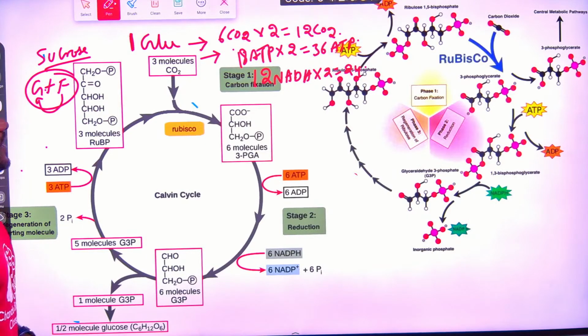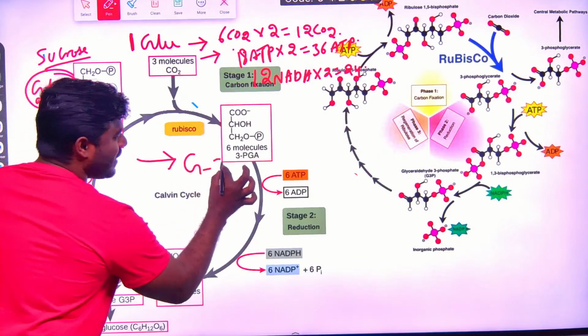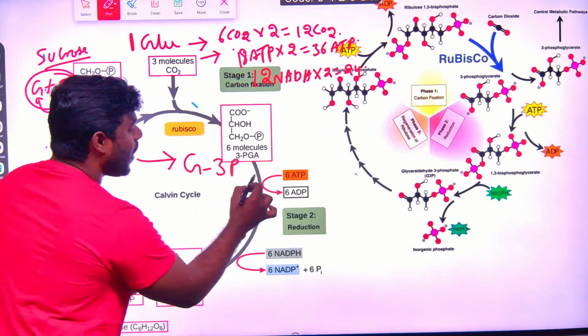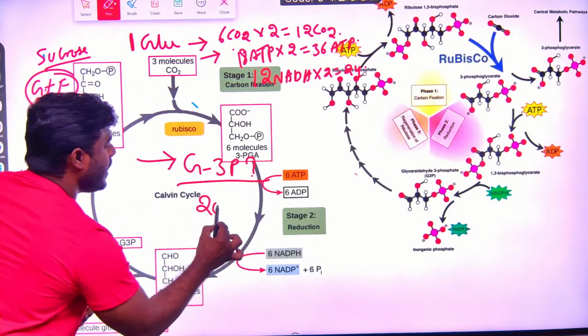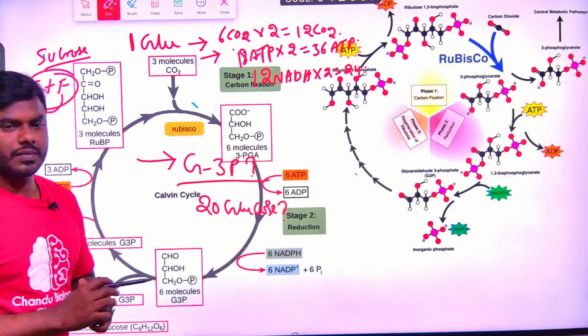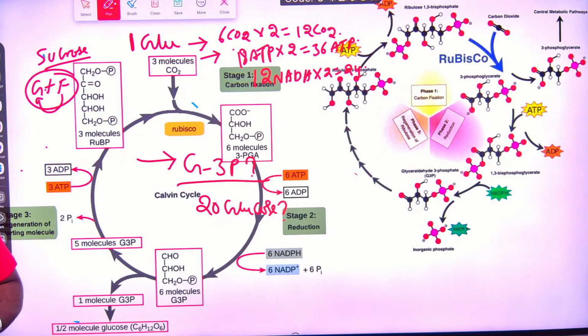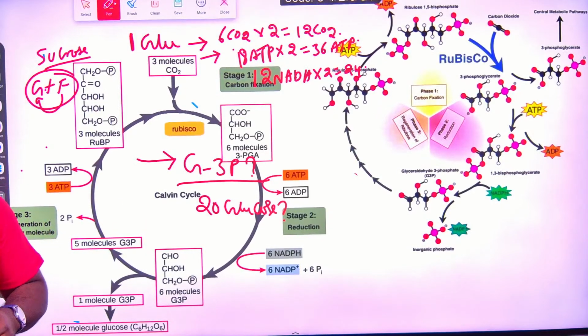Okay. There is a very simple question. How many number of G3P are required to produce 20 molecules of glucose? I hope it's clear for everyone, online people. Now tell me, how many G3P are required to produce 20 molecules of glucose?